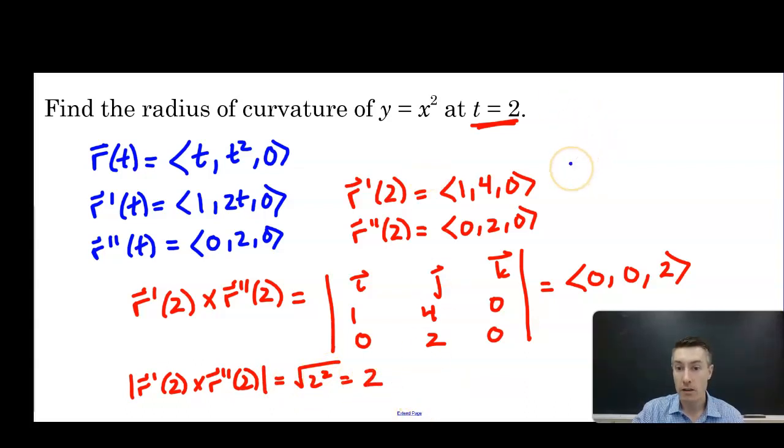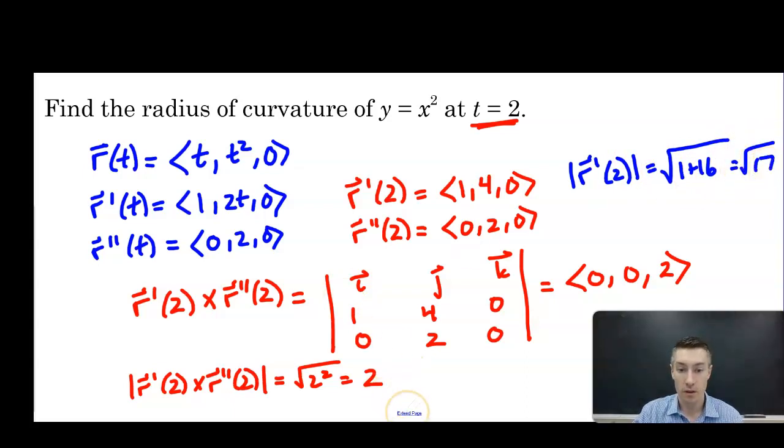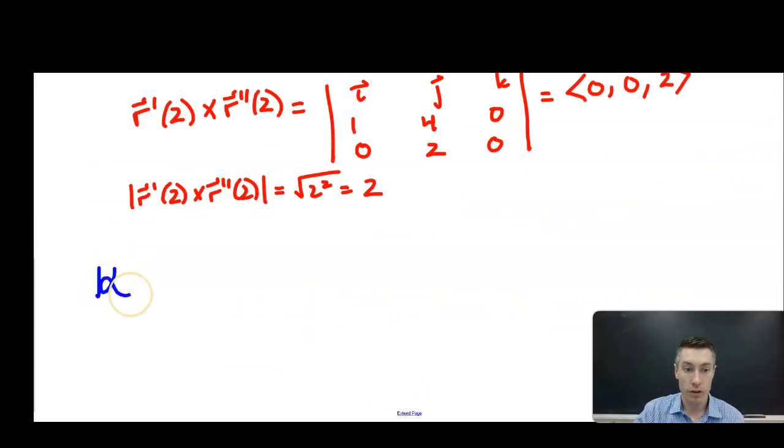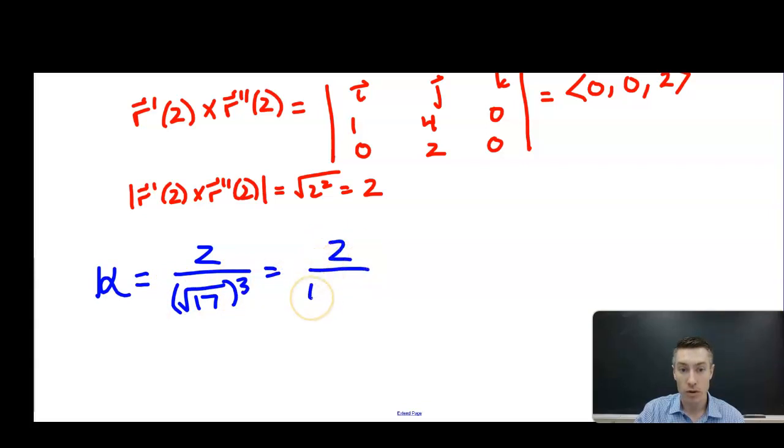We need the magnitude of r prime of 2. So that's the square root of 1 plus 16. So square root of 17. So curvature, magnitude of the cross product vector, is 2 over the magnitude of r prime cubed. So that's 2 over 17 square root of 17.